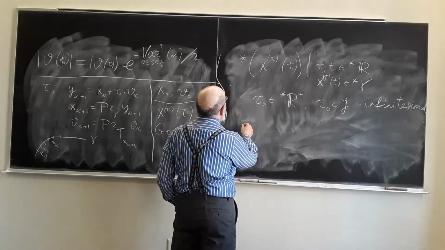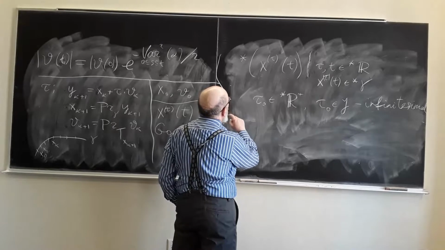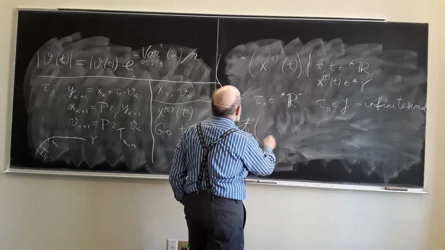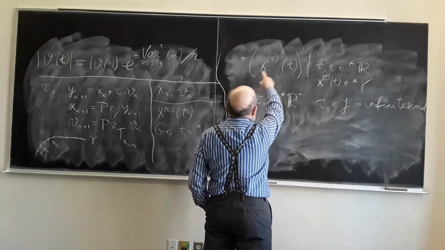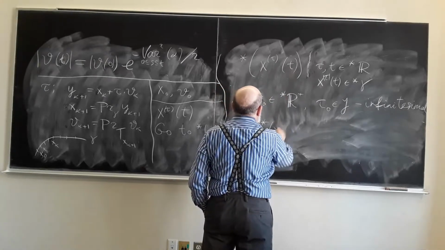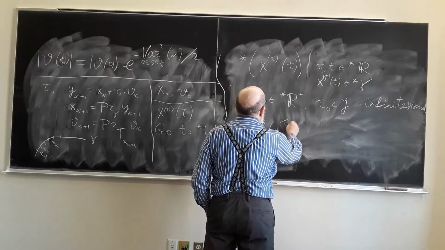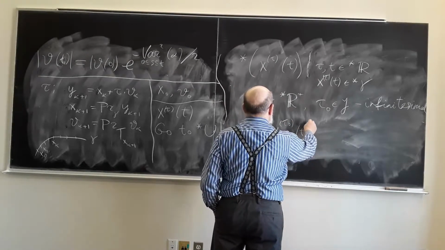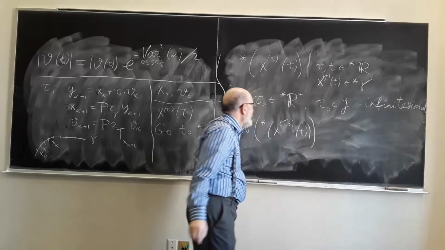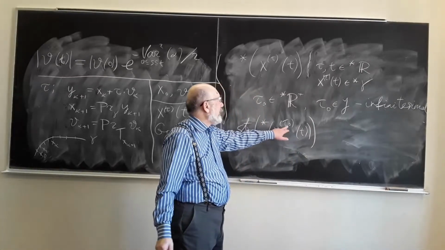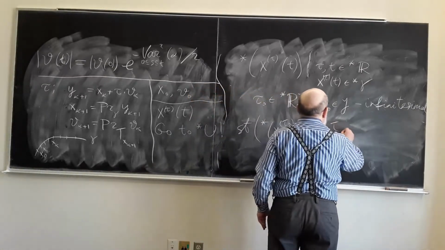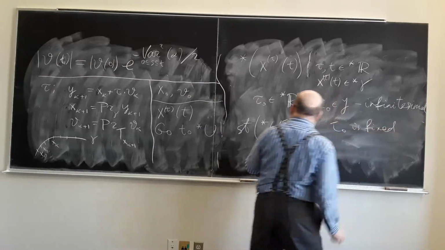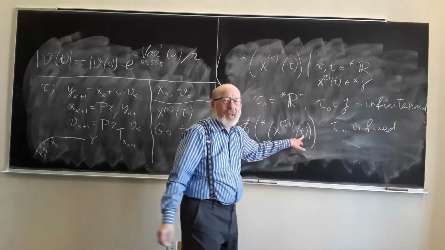We take the standard part of x_{tau_0} of t. So tau_0 is fixed, and it is a function of non-standard t.